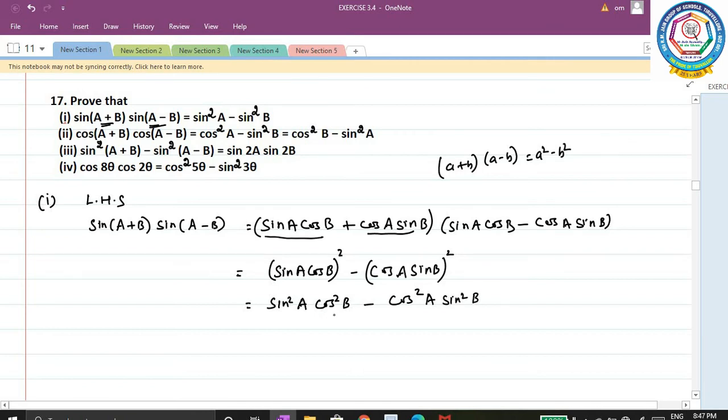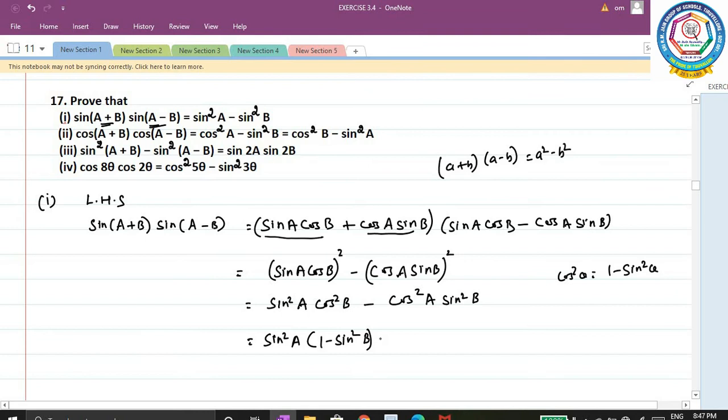Here we know the identity: cos square theta is equal to 1 minus sin square theta. Here, instead of theta, B is there. So sin square A into (1 minus sin square B).